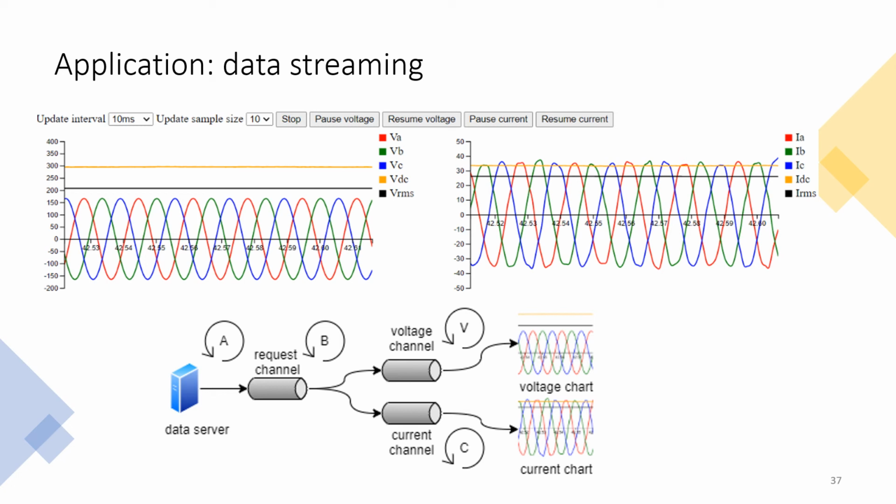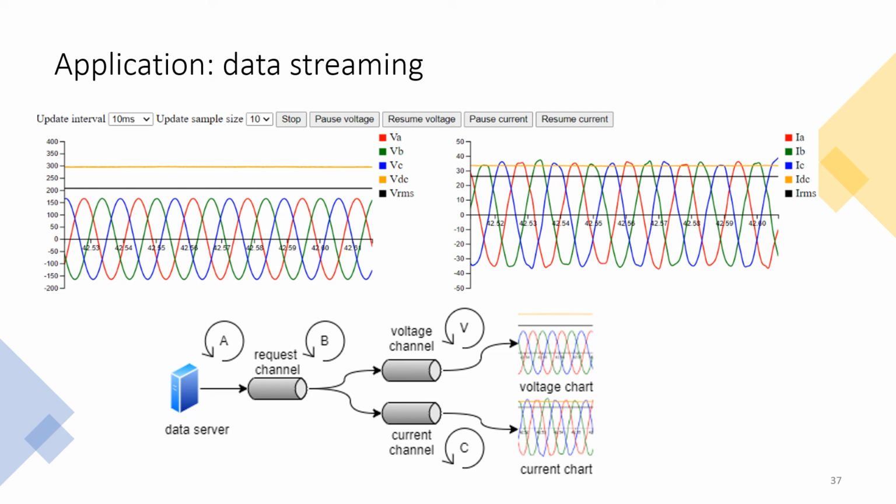Thread A fetches electric signals in batches from a remote data server in regular time intervals and sends requests to a request channel. Thread B fetches the request, waits for it to complete, and distributes the result to a voltage channel and a current channel, so that thread V and thread C can read data from these channels and display them in separate charts.